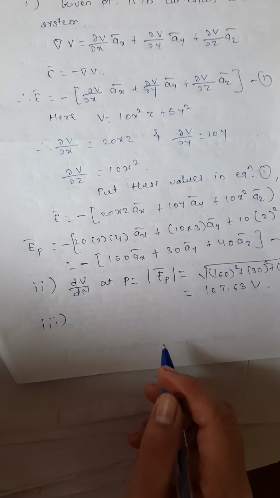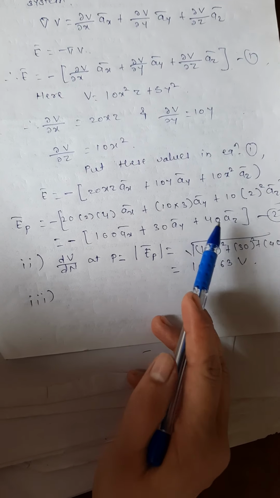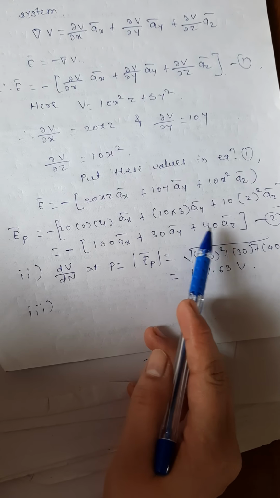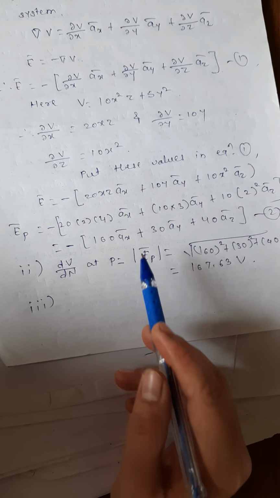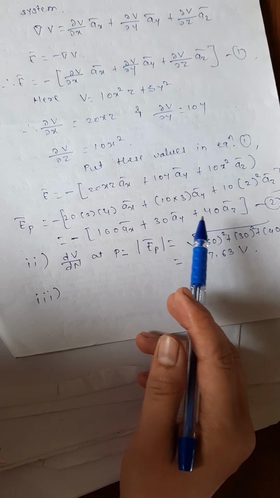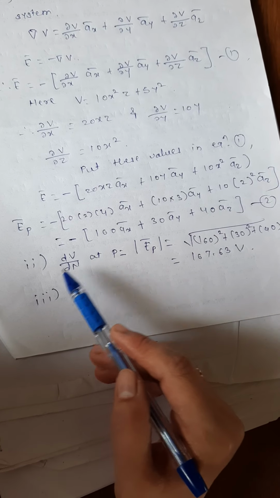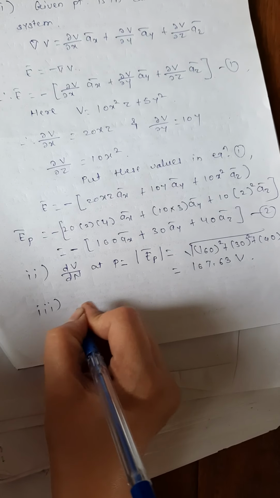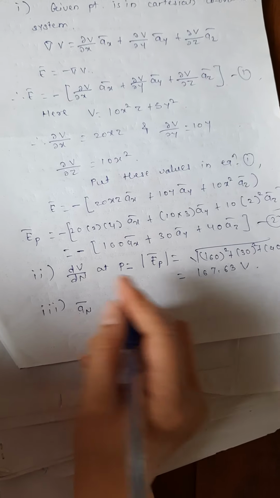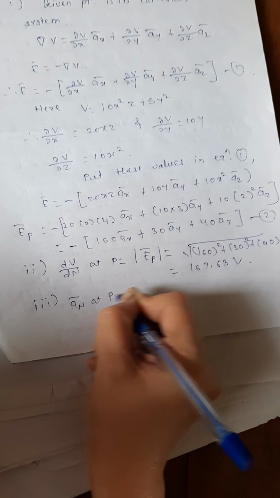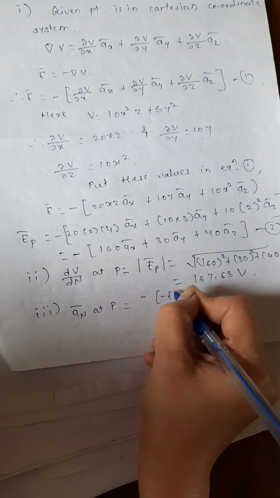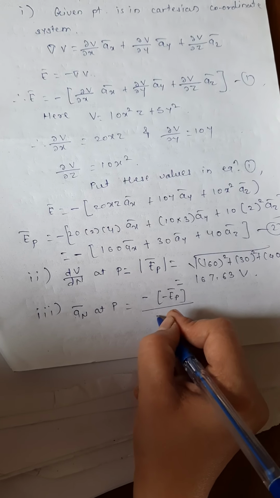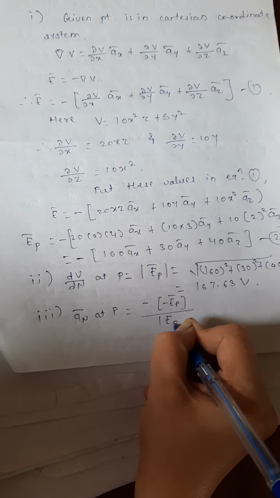as given by equation 2, the direction of EP bar is minus AN bar. So AN bar is obtained by taking the negative of the unit vector in the direction of E bar. So AN bar at point P is equal to minus of EP bar by mod of EP bar.